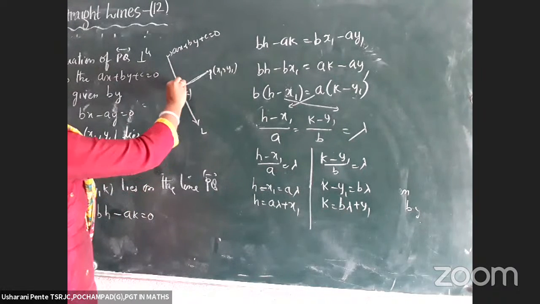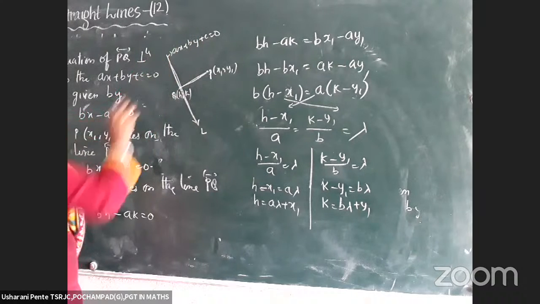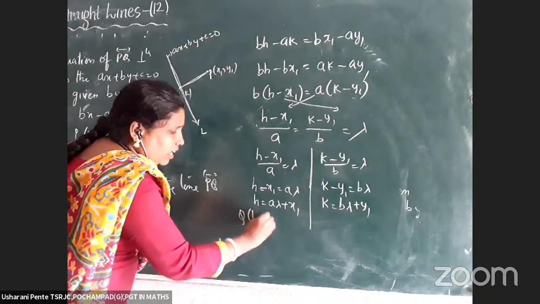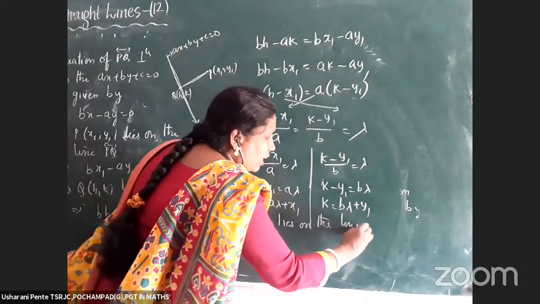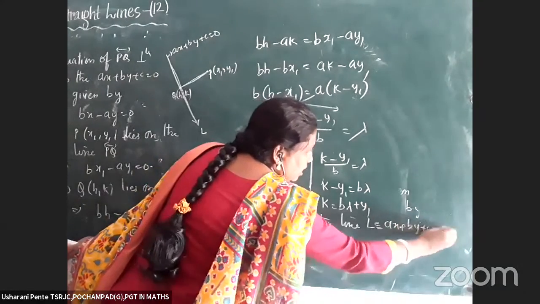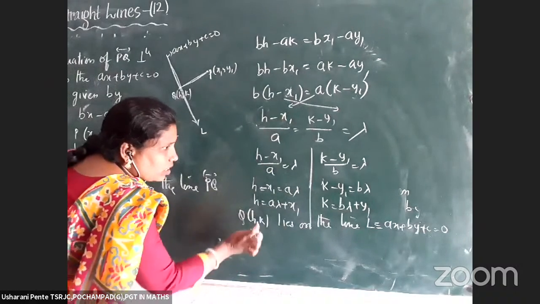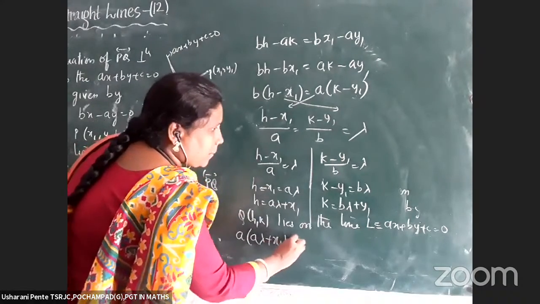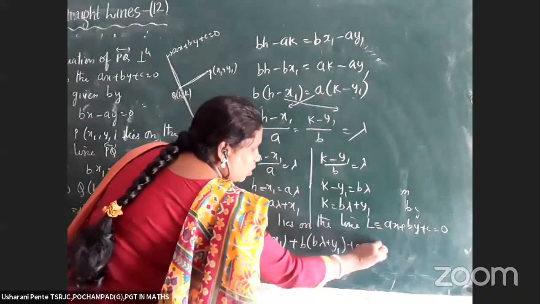But where is this point (h, k) lying? (h, k) also lies on the line L. So Q(h, k) lies on the line L, ax plus by plus c is equal to 0. So we are substituting: a into (a lambda plus x1) plus b into (b lambda plus y1) plus c is equal to 0.